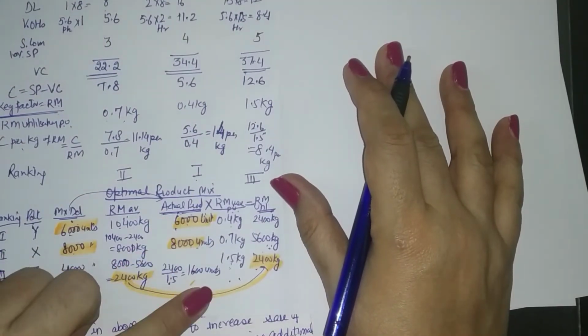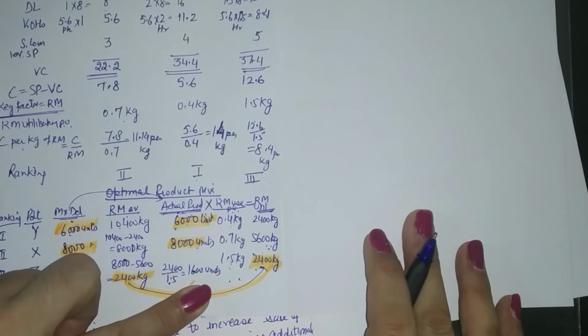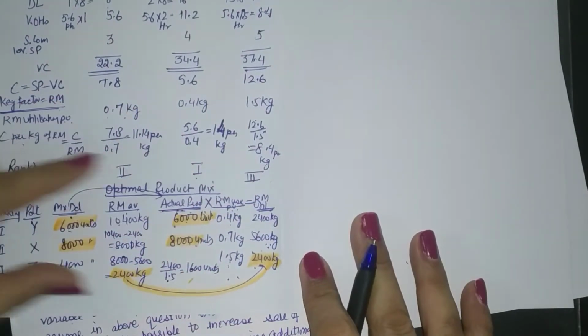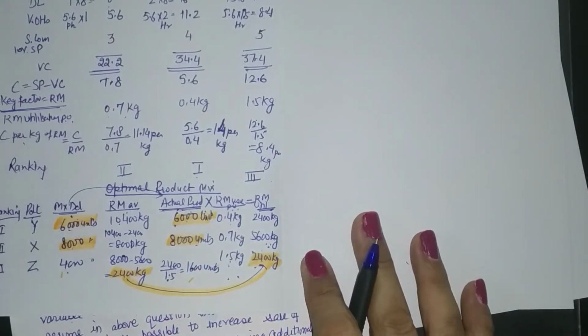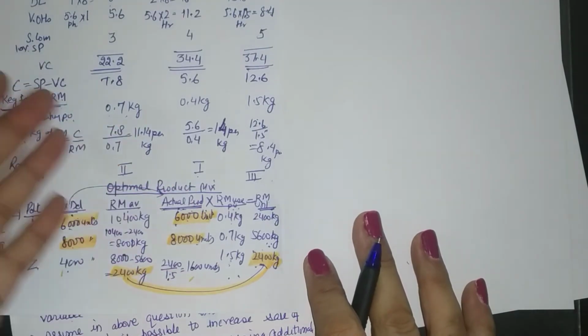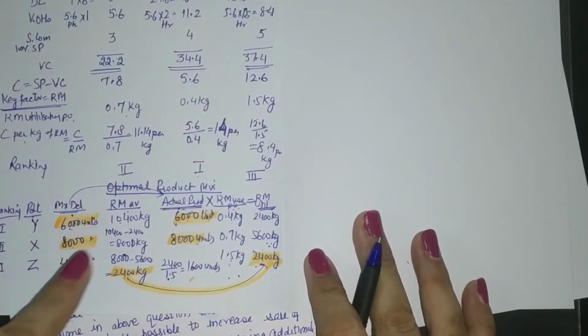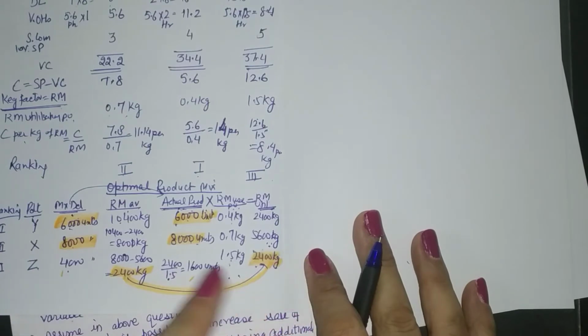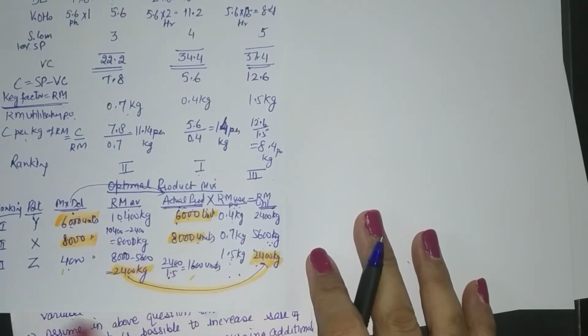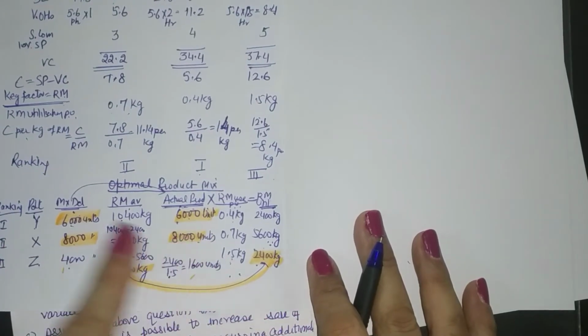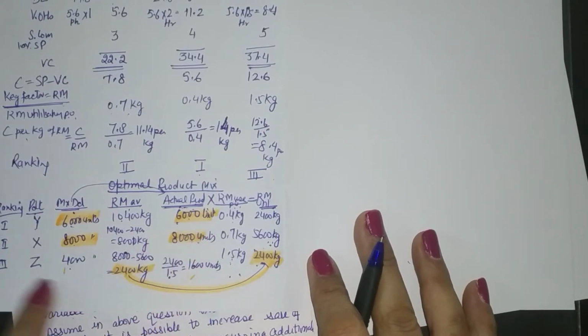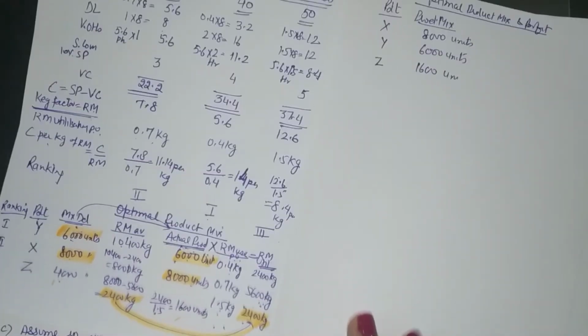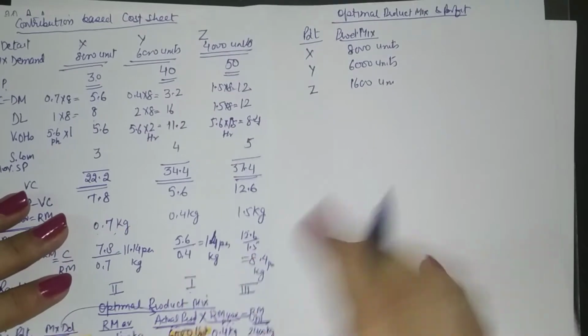This is your actual product mix, 6,000, 8,000 and 1600. But again, this table is devised on the basis of ranking, whereas everywhere else we have the order X, Y, Z, A, B, C. So when you are putting information from this table, again consider we are writing X 8,000, then Y 6,000, then Z 1600.